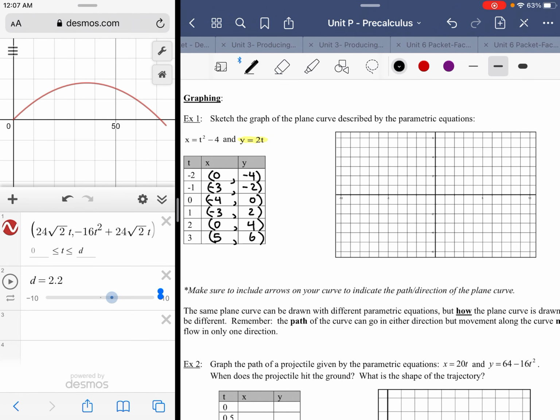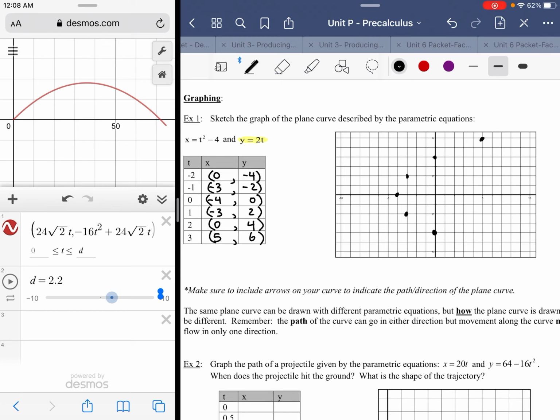That's what we would plot. 0, negative 4, and we're just going to double check to make sure everything's going to fit, but it looks like it will. 0, negative 4 would put me right here. Negative 3, negative 2, right here. Negative 4, 0. Negative 3, positive 2. 0, 4. And then 5, 6.